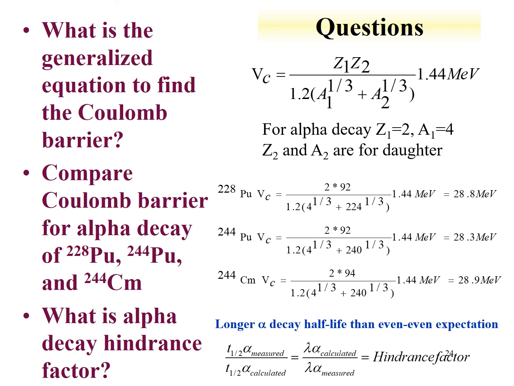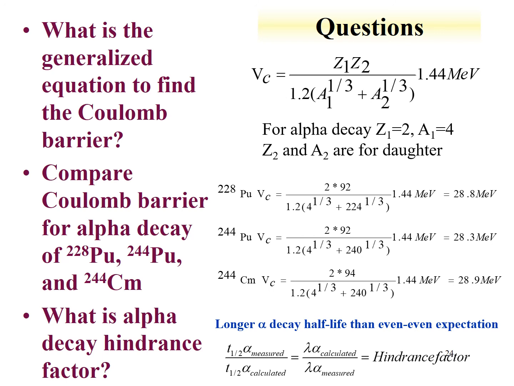So this hindrance factor is the ratio of the measured alpha decay half-life divided by the calculated half-life, which is greater than 1, or the calculated decay constant divided by the measured decay constant, which is also greater than 1. So you can use either the decay constant or the half-life. Again, make sure the half-life units are the same or the decay constant units are the same. And you should always remember that the hindrance factor is 1 or greater.